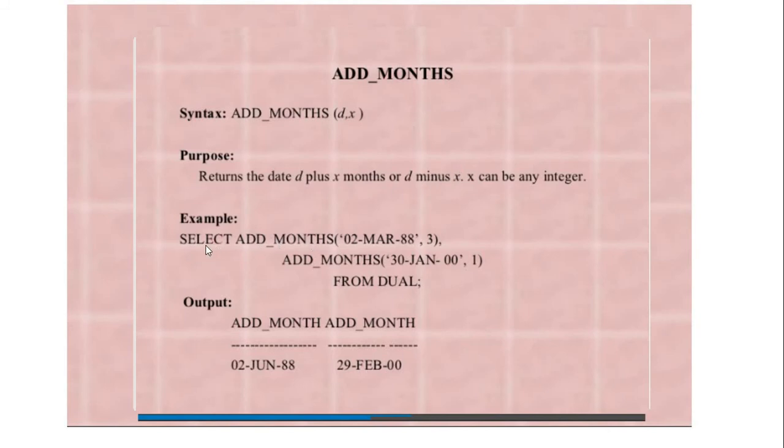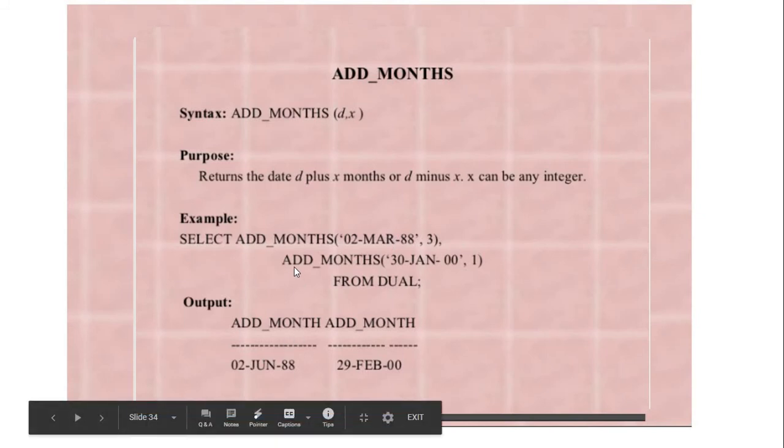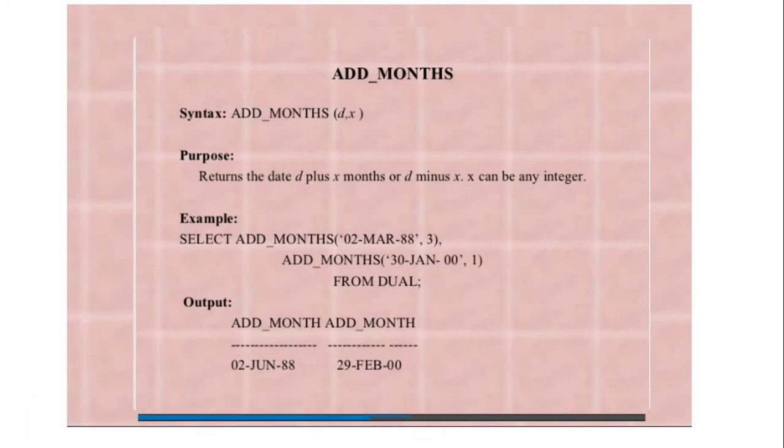So for example, here this command, that is select add months, this is the date in DD MON YY format, and we are adding 3 months to this date. Now you can see we also have another date, that is 30th January, and we are adding 1 month to that.